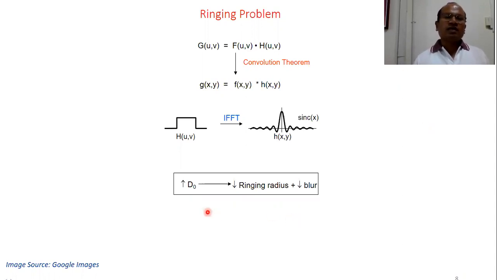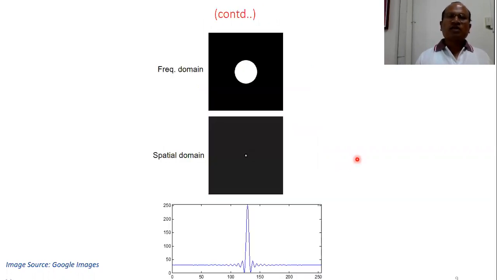So you can see here, the more the cutoff distance, the lesser the ringing radius, and the lesser the blur. More is the cutoff distance, blur is less, but the ringing radius is also reducing, which is the ringing effect.